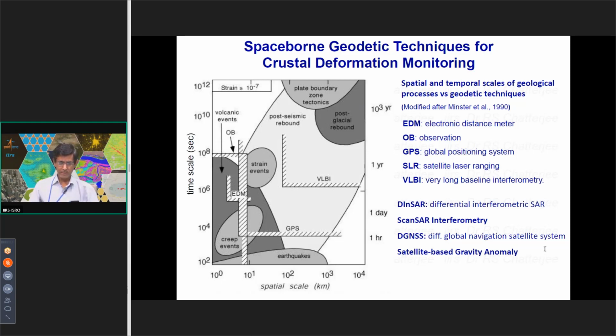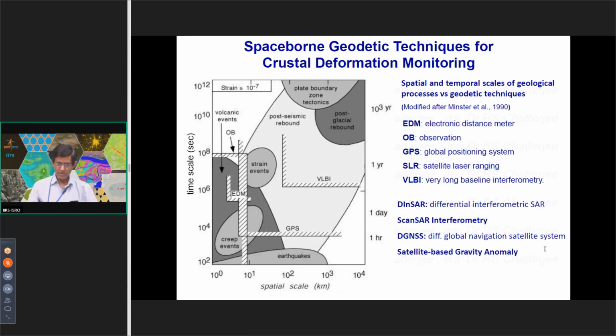In terms of time scale, it is a few days to a few years only. For ScanSAR interferometry, the time scale is more or less the same as for DInSAR. It may be extended a little further, some few years up to 10 or a little more years.